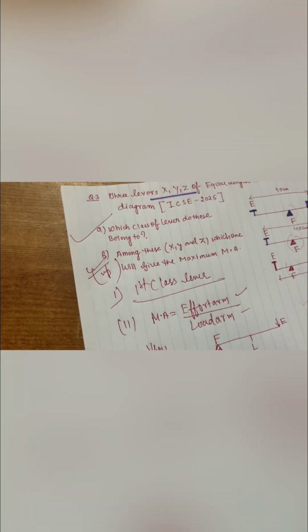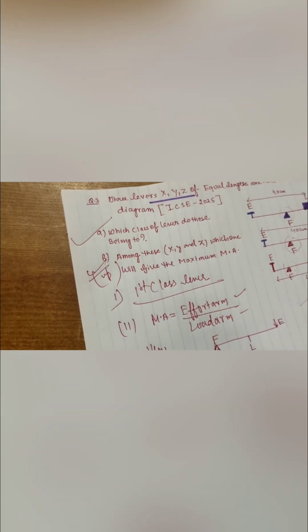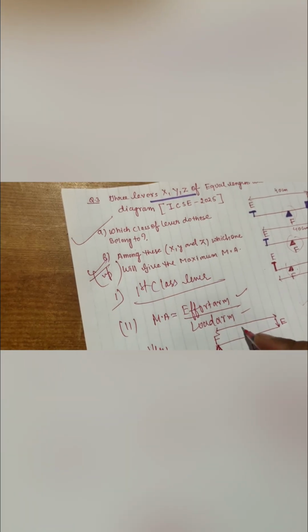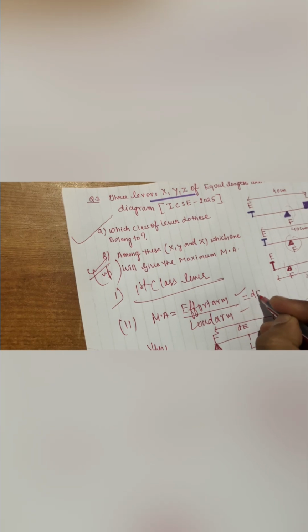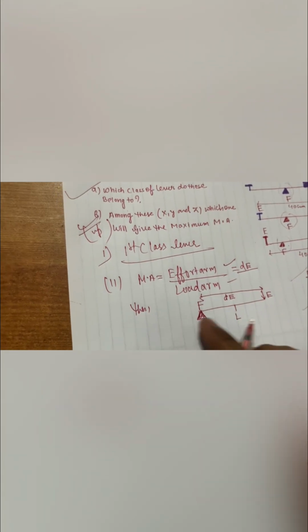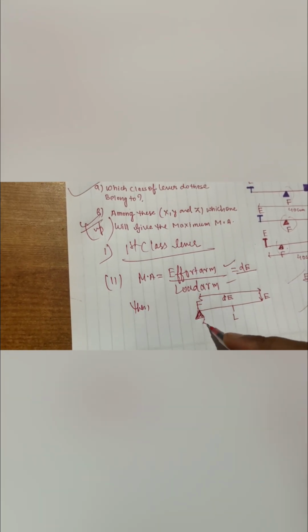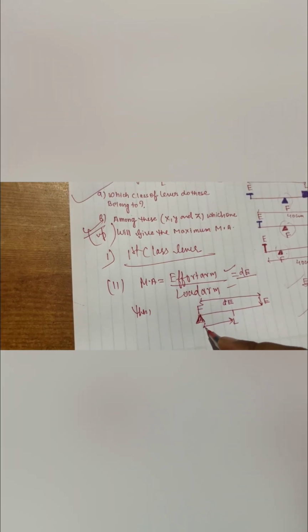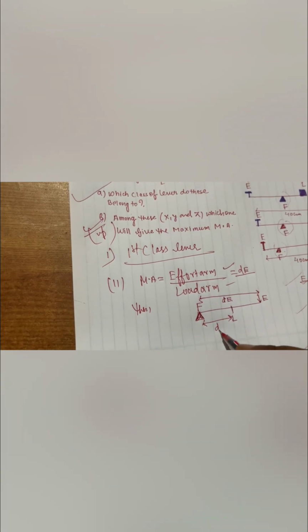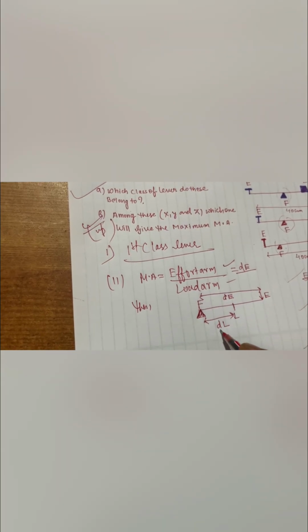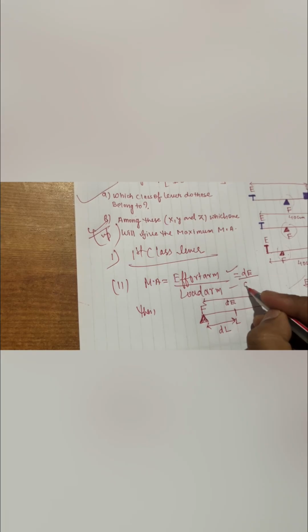The effort arm is measured from the fulcrum to the point where the effort is applied, the displacement of effort, dE. The load arm is always measured from the fulcrum to the point where the load is suspended, the displacement of load. So we get this formula for mechanical advantage.